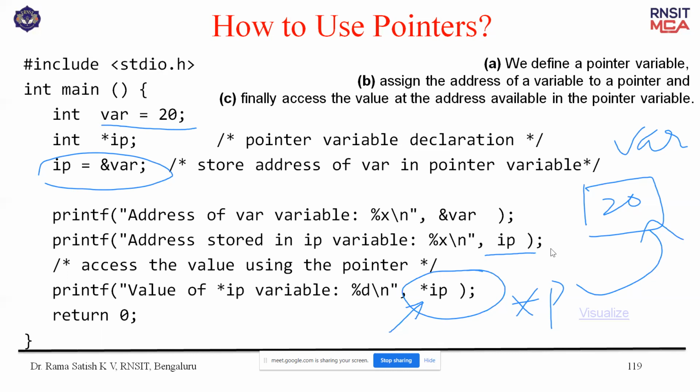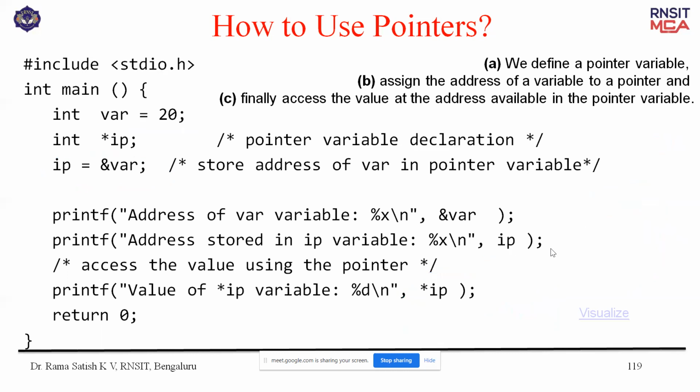With the star, it represents the value of that particular variable. In this example you are printing the address, printing the value through the pointer, and assigning the pointer to the address of another variable. That is one thing you should understand.